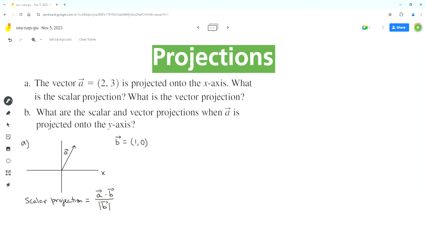Now we can sub in the vectors. So vector A is 2, 3 dot 1, 0 divided by the magnitude of vector B, which will be the square of the components, and then we add them and apply square root to the sum.